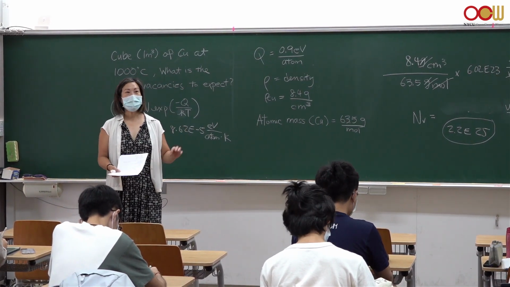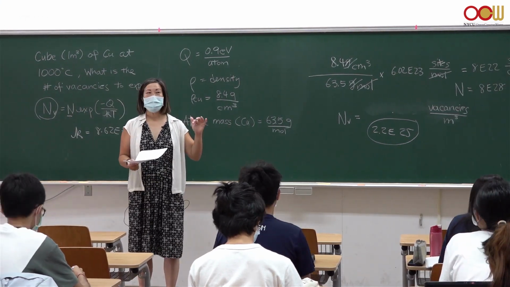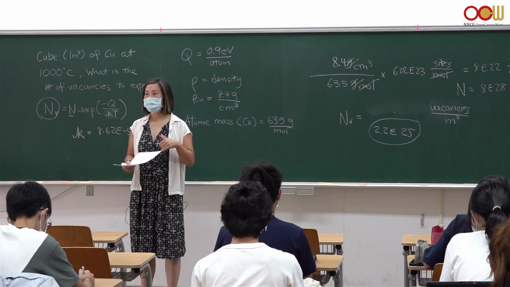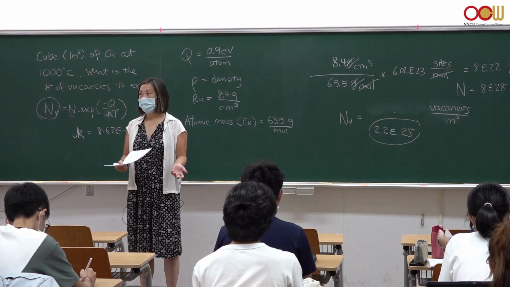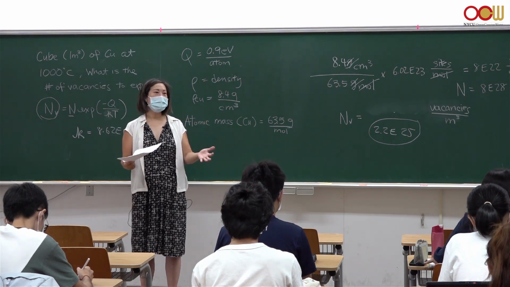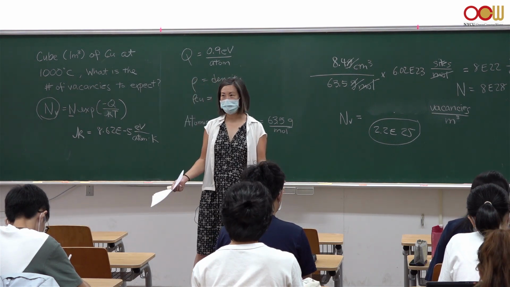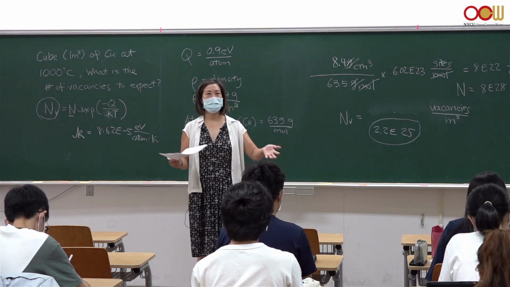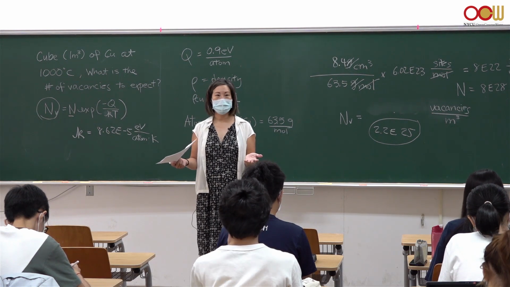Okay? Something important I want you to remember from this is that this is what is called a thermodynamically stable or equilibrium number. So this is what happens when you have a piece of copper, you put it in the furnace at 1,000 degrees C and you let it sit for a long time. And it has a chance to get to its equilibrium state.